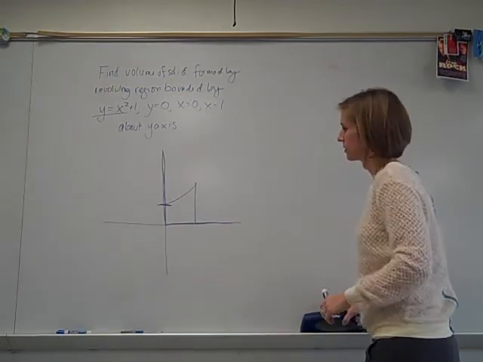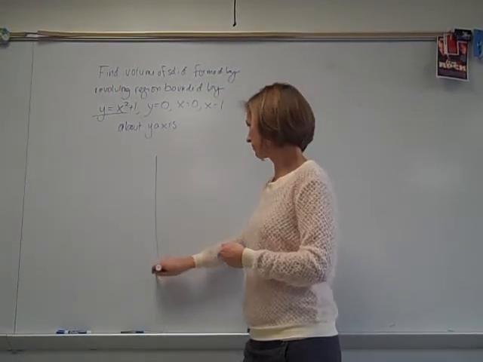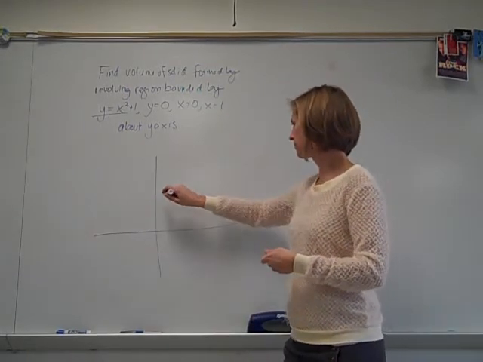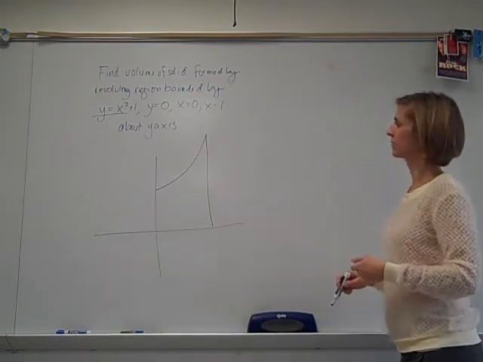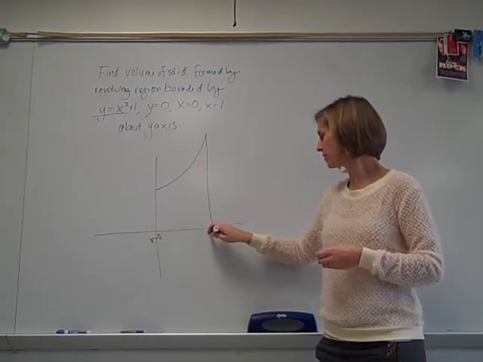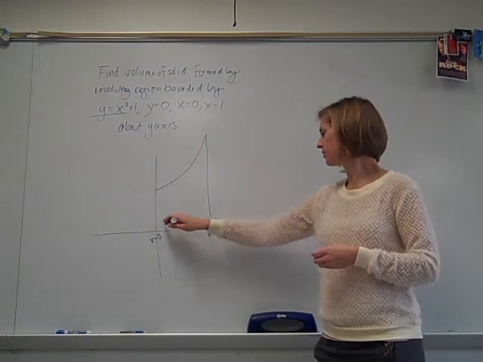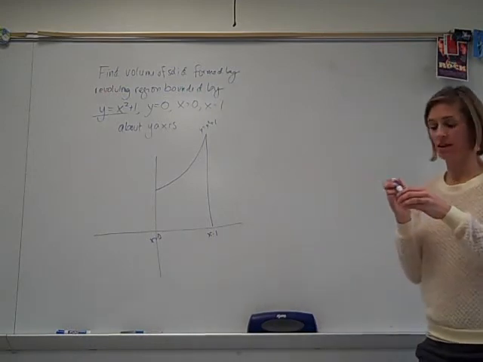I'm going to draw this bigger so you can see better. Okay, so you've got x equals 0, x equals 1, y equals 0 here, and y equals x squared plus 1 here. Is that okay?